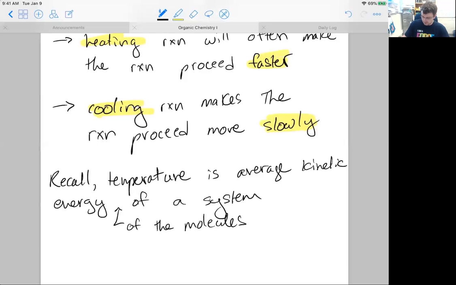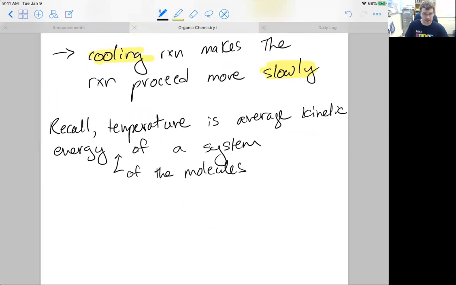So with that definition in mind, we can start to think about how heat impacts a reaction. Heat will increase the kinetic energy. That is, adding heat will increase the kinetic energy of a system.